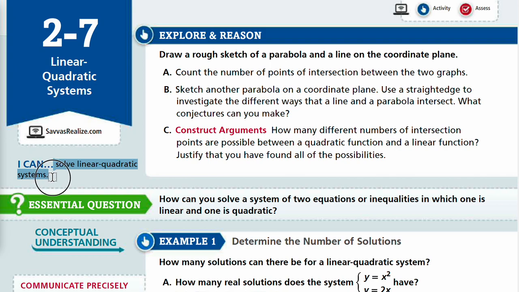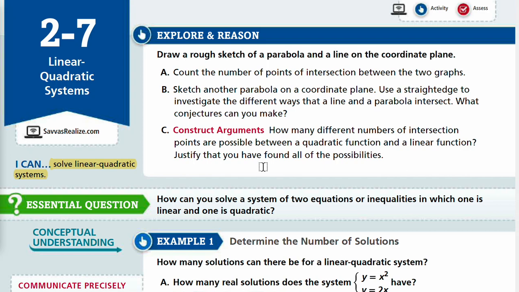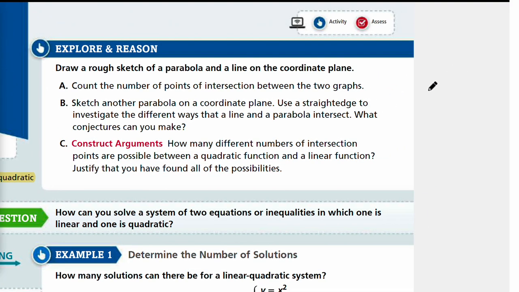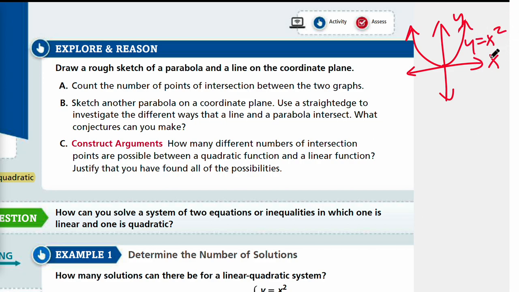If you look at Explore and Reason, we can draw a rough sketch of a parabola and a line on the coordinate plane. For example, you can draw a rough quadratic, the parent function x squared.